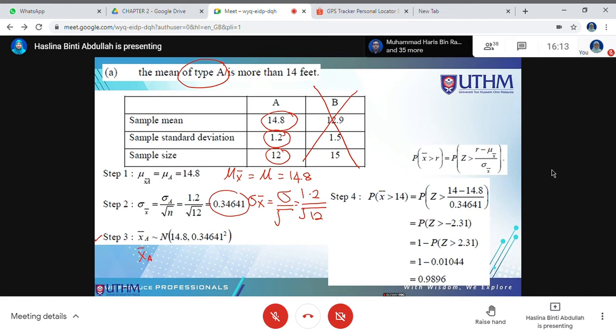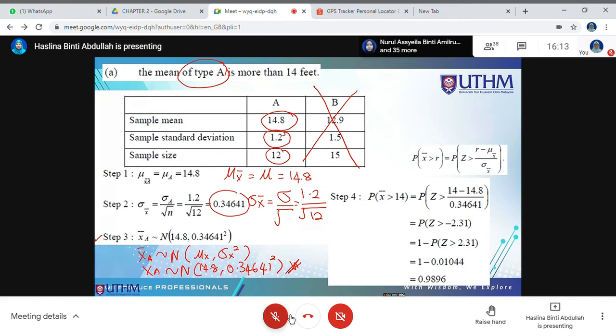X bar is distributed normal, with mu x is referred to the value in step 1, 14.8, and variance is 0.34641 power of 2.